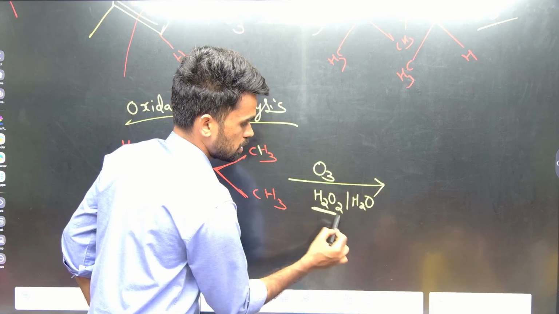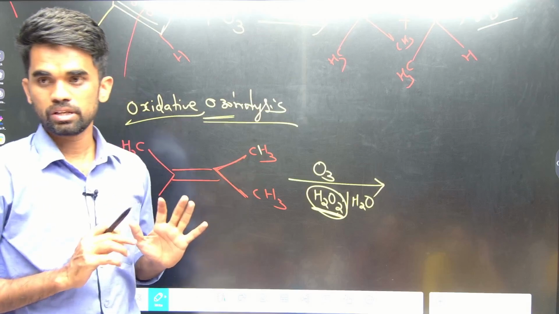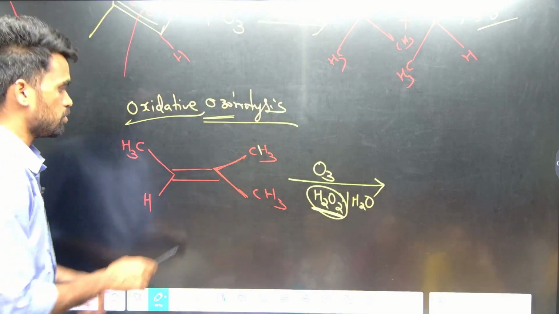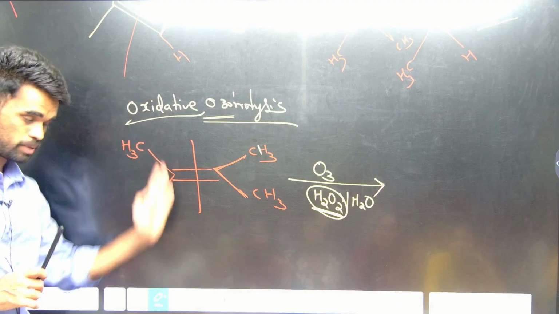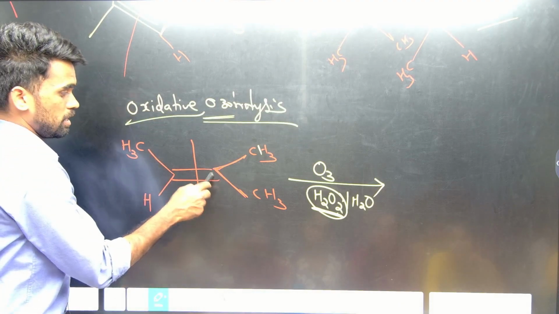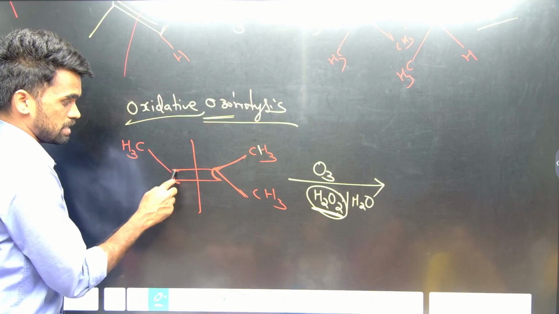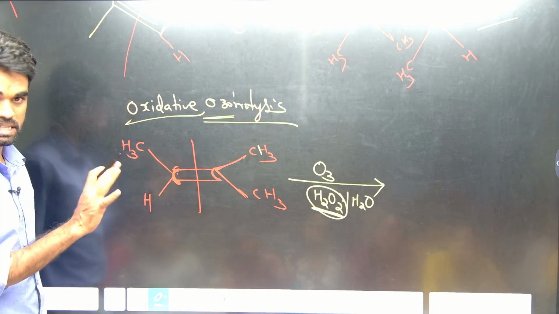Here H2O2 is the oxidizing agent. Now what it will do is the same. You break the bond like this. First step is, break that double bond. After breaking, if alkene carbons have any directly attached hydrogen, convert that into OH form.